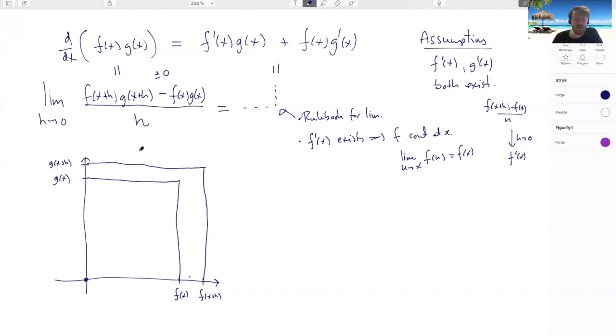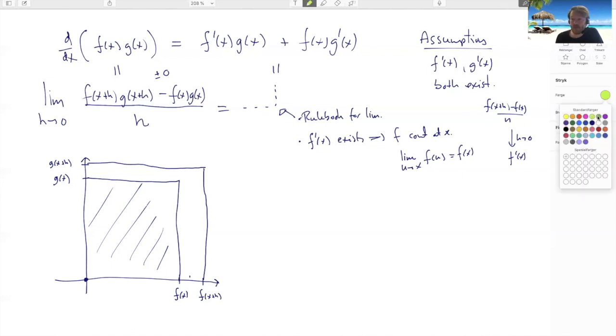And now the point is that this expression here computes the rate of change of this two-dimensional object, okay? It's the rate of change of this area. And this thing here is his old area, and this thing here is his new area. And what's the trick?